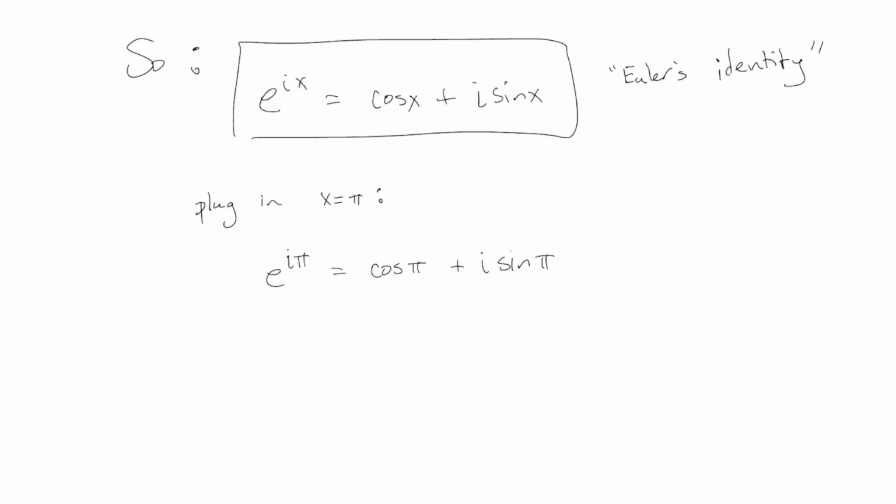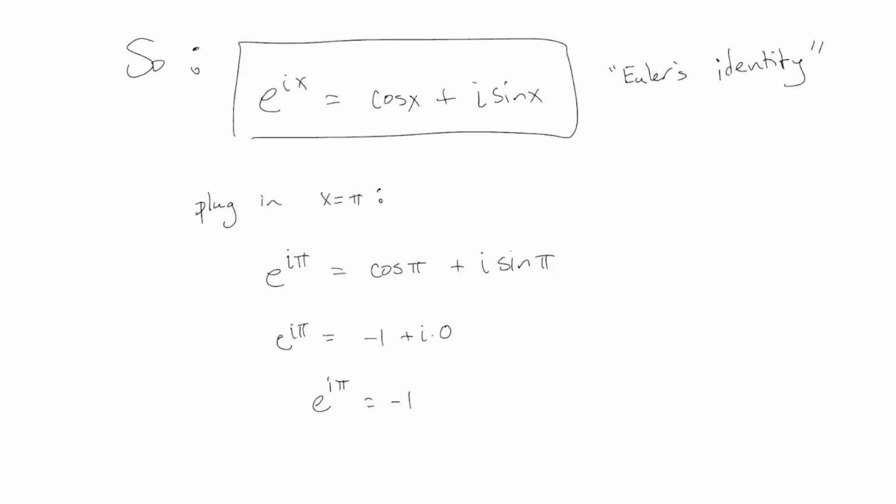And we know the cosine of pi is -1 and the sine of pi is 0. So this actually says e to the i pi equals -1 plus i times 0, right? i times 0 is 0, of course. So this says e to the i pi. I wrote it pi i. Either way, e to the i times pi equals -1.